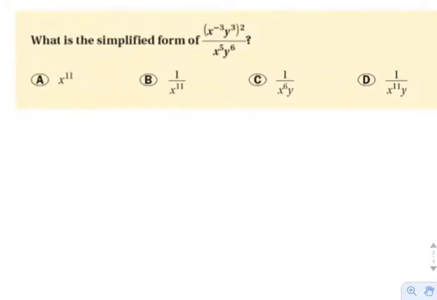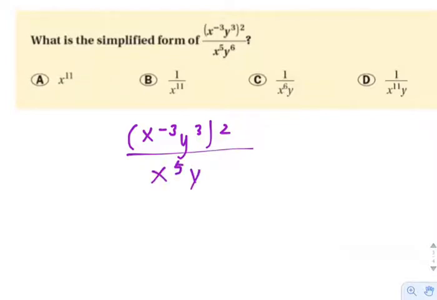Example 4 is our last example. We're going to look at a power of a power rule. So our numerator here, x to the negative 3, y to the 3rd, all squared, over x to the 5th, y to the 6th. This turns into x to the negative 3 to the 2 and y to the 3 to the 2.